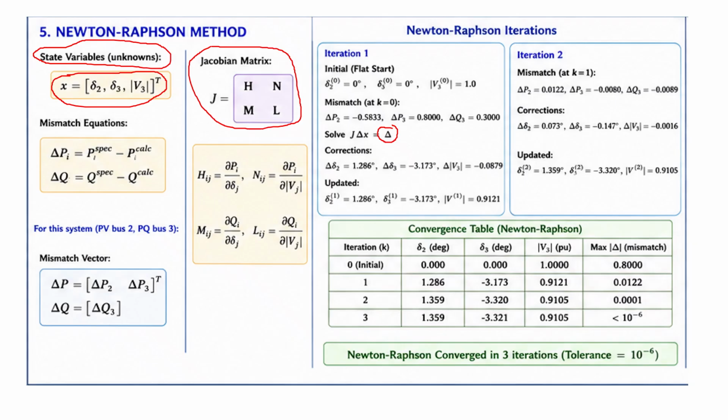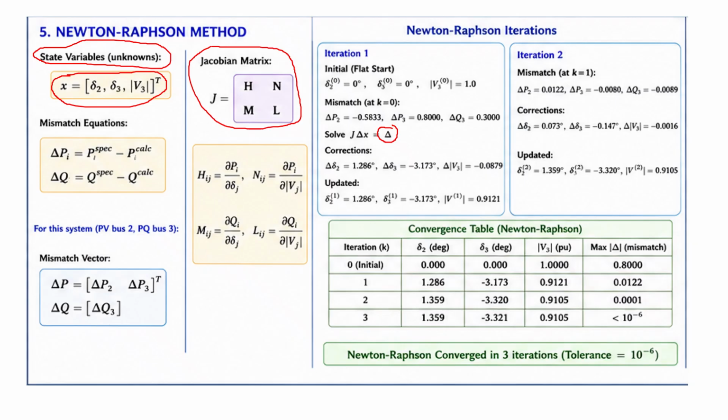Like that, we'll calculate and perform the iteration, and finally we'll stop when the magnitude of error is less than the tolerance value. Like that, here the mismatch at k equal to 0. For example, the change in P2 is equal to this, the function value at 0 at the initial start, then the change in P3 and the change in Q3.